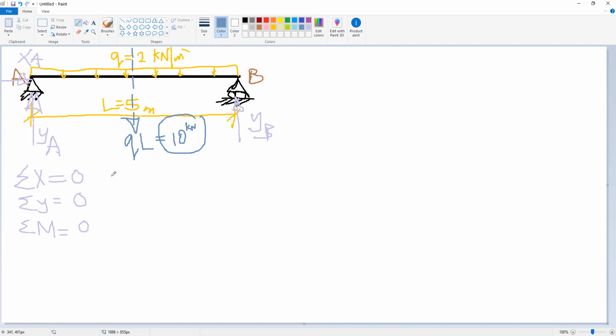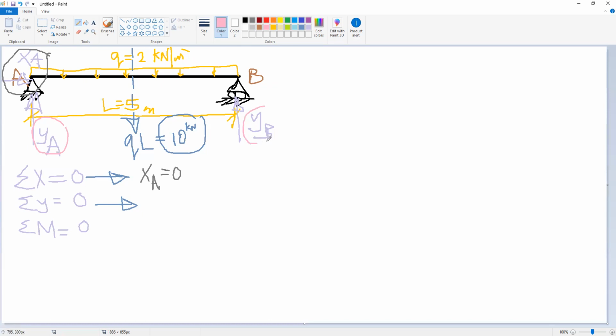If we apply these equations to find the reactions, for the X direction, what forces do we have in X direction? We have only one, XA. So XA should be 0 because we only have XA. Okay. If we apply summation of forces in Y should be 0, how many forces do we have in Y direction? 3.